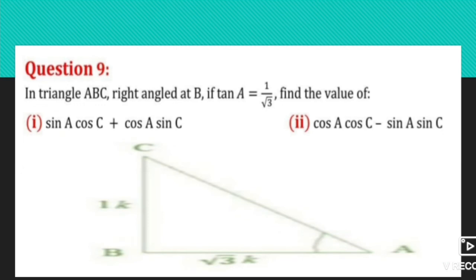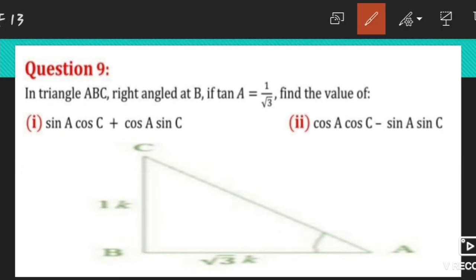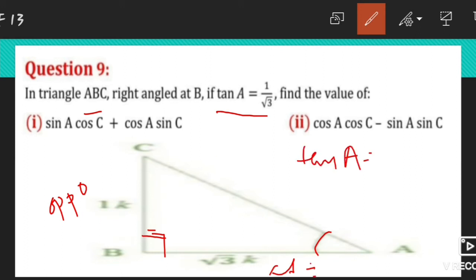Now question number 9. Question number 9 is: in a right angle triangle ABC, right angle at the point B, tan A is given as 1 by root 3. These questions are similar. Now tan A, if you look at the picture, this is the acute angle, so this is the opposite side and this is the adjacent side, and you know the formula tan A is opposite by adjacent, that is BC by AB.